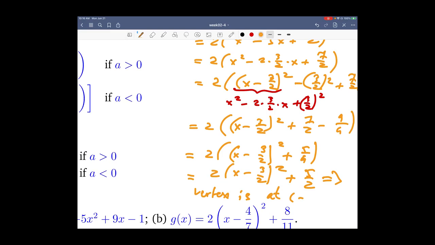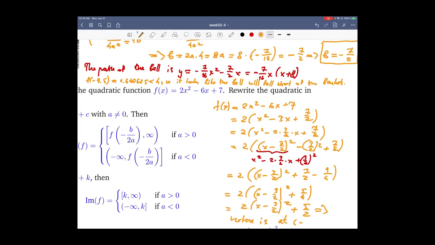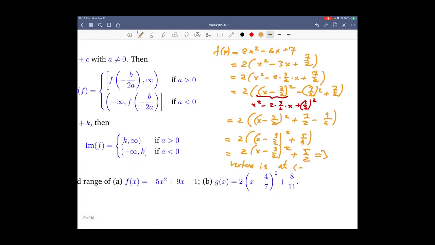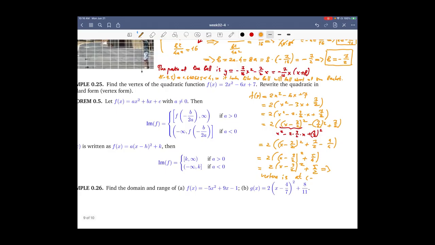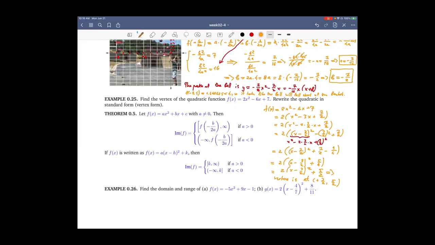So the vertex is at the point positive 3 halves, 5 halves. That is the vertex form of our parabola.